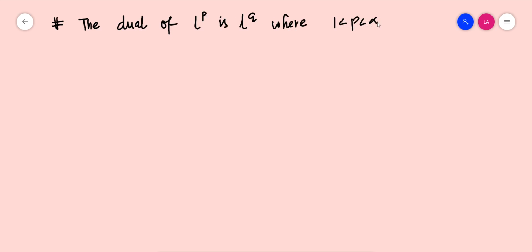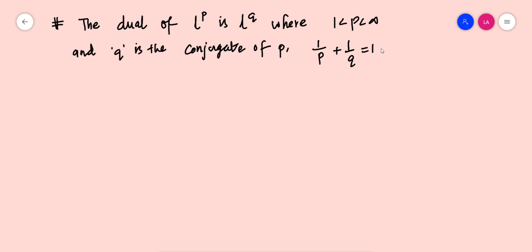So the result is: the dual of the LP space is the LQ space, where P is a finite number in between 1 and infinity and Q is the conjugate of P. That is, 1/P plus 1/Q should be equal to 1.